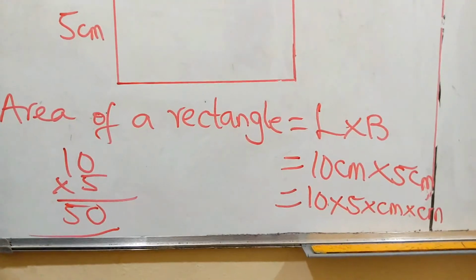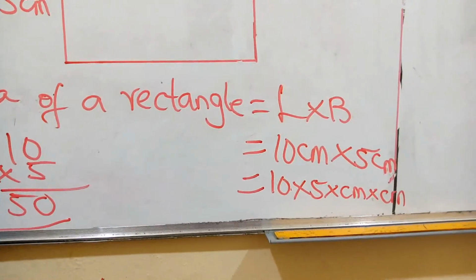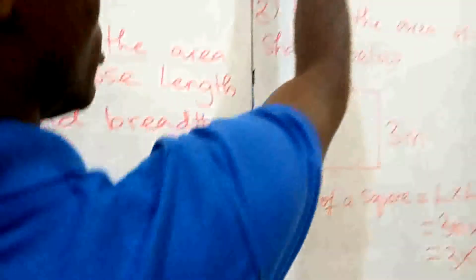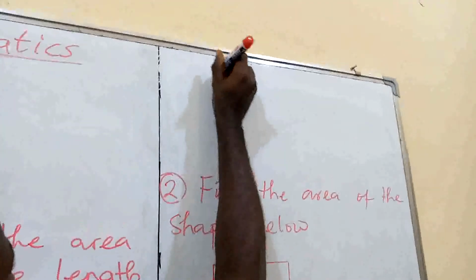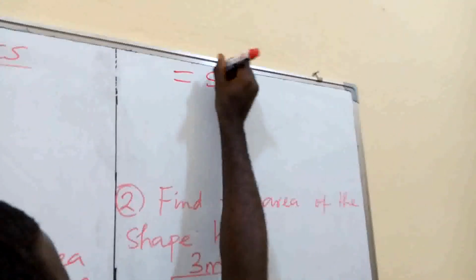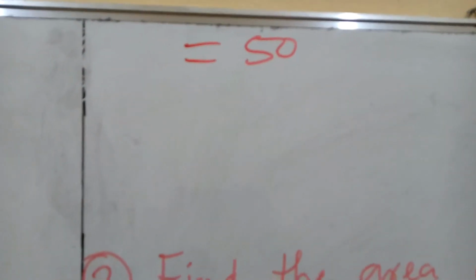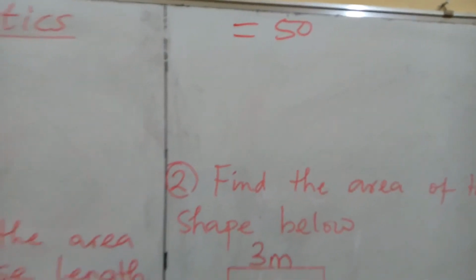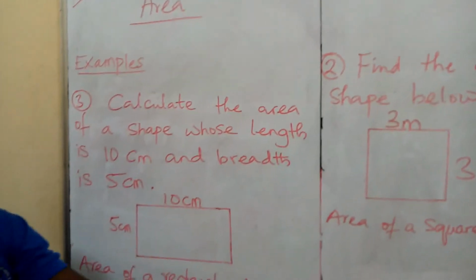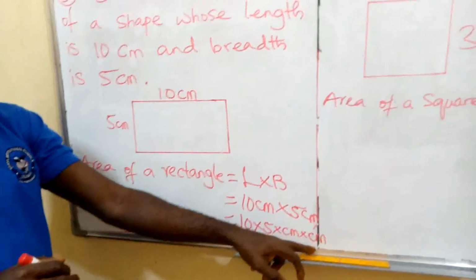So 10 times 5 is 50. And then cm times cm is what?